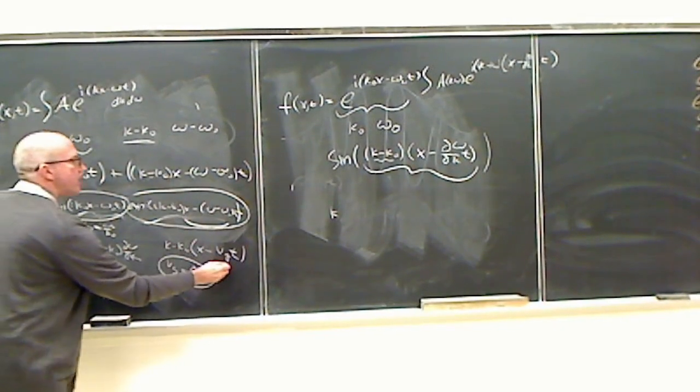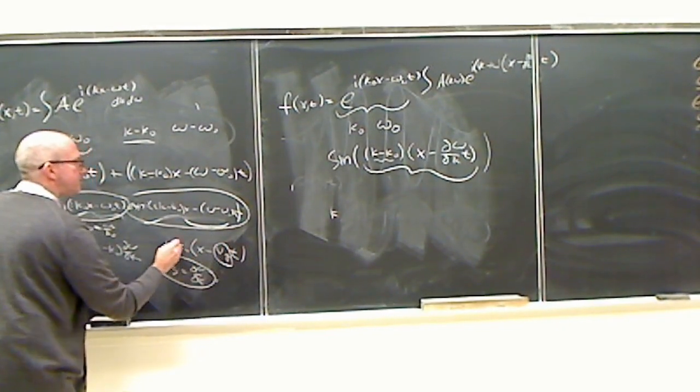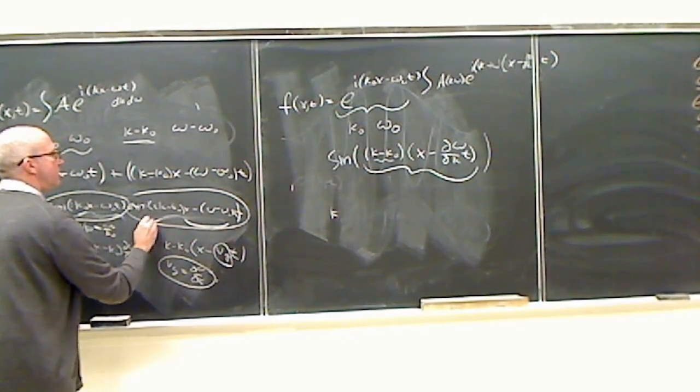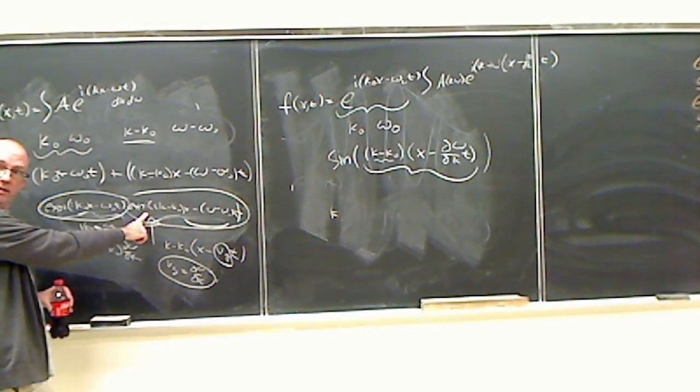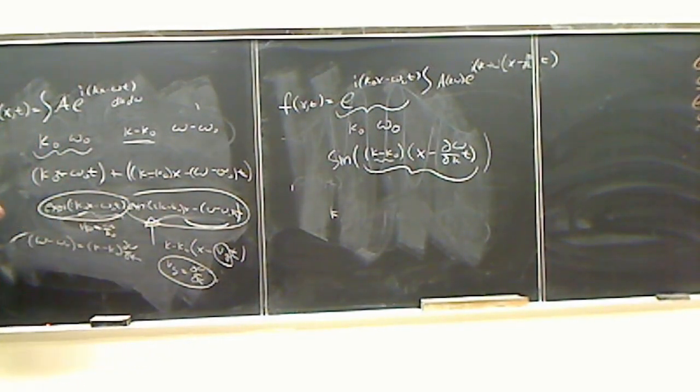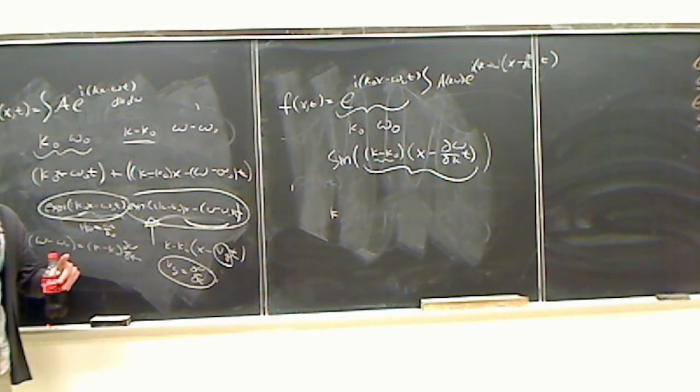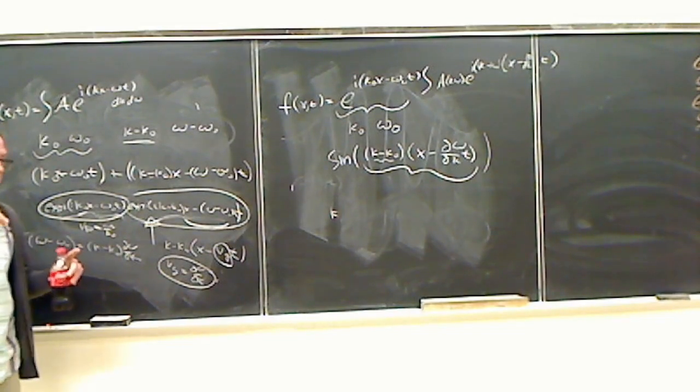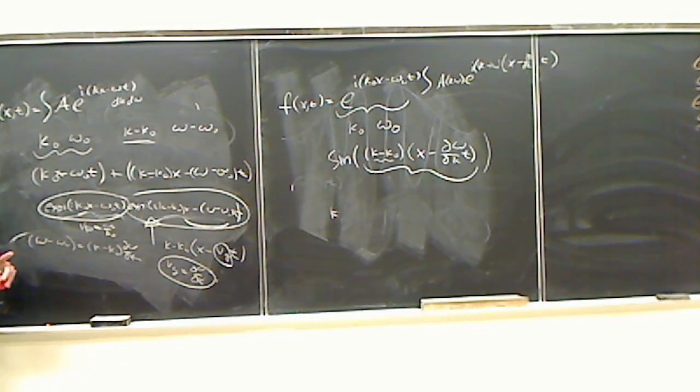So this part travels with this speed, because that's what this part of the sine cosine does. And this one travels at the phase speed. So when I look at the combination of the things, this travels with the peak of the shape of the Fourier transform, and this just travels with the speed of the wave.